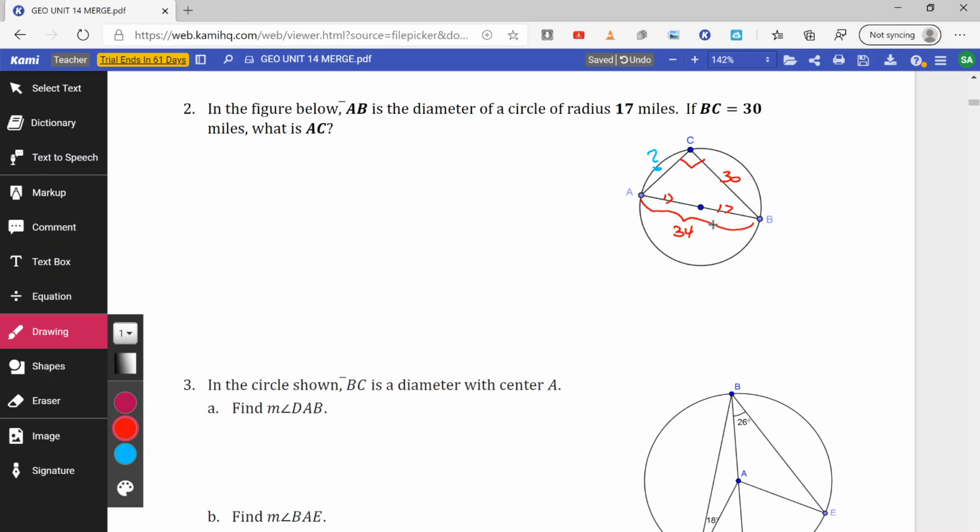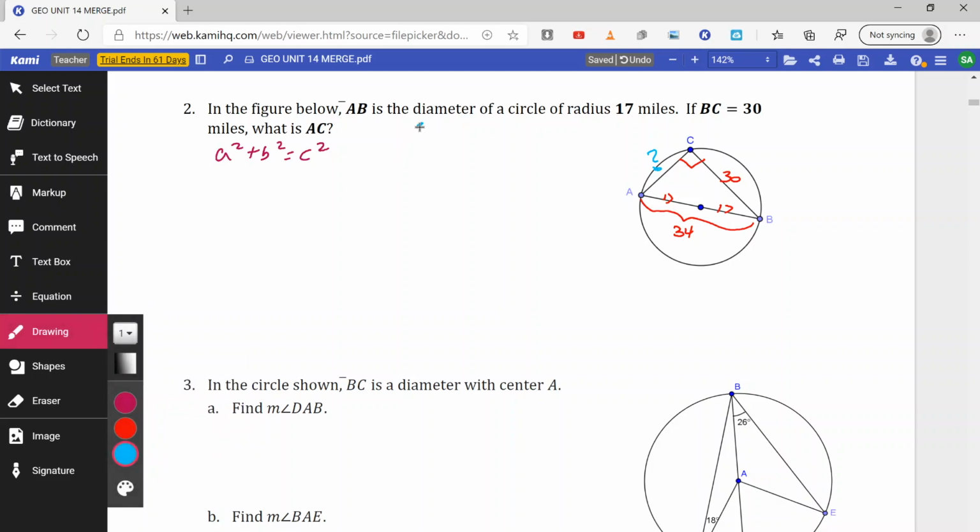Again, if I have a right triangle and I know 2 out of the 3 sides, I can find the missing third side. Pythagorean theorem: a squared plus b squared is c squared, where I square the 2 short sides and add them together, and it's going to be equal to the square of the hypotenuse. The hypotenuse is always going to be across from the right angle.